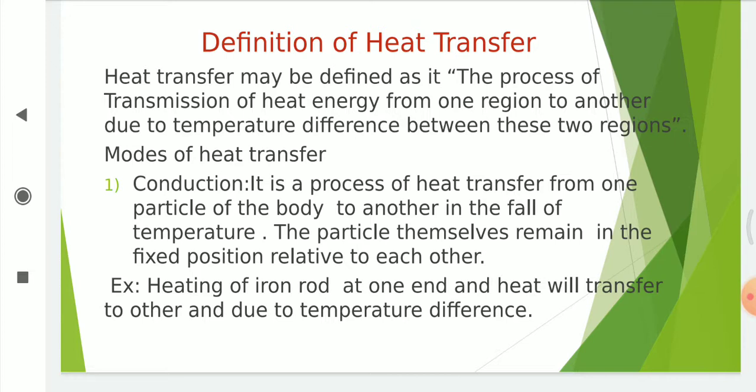Simply by heating the neighboring particles, particles transfer heat from particle to particle. This is nothing but heating of an iron rod. This is the conduction mode of heat transfer.